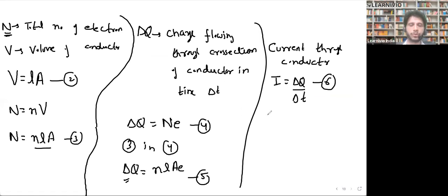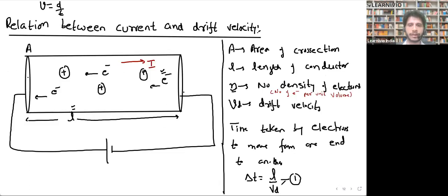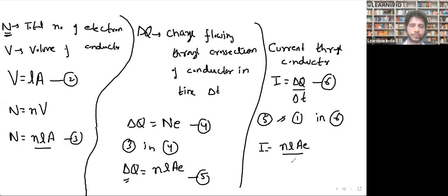Now let's substitute 5 and 1 in 6. When I make these substitutions, then I is nLAe divided by time, and that time is L by Vd.